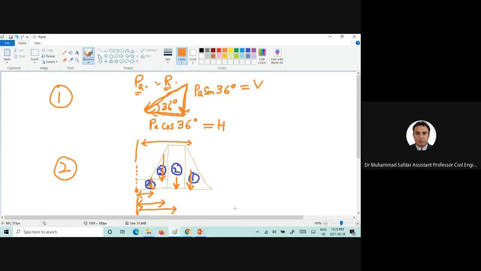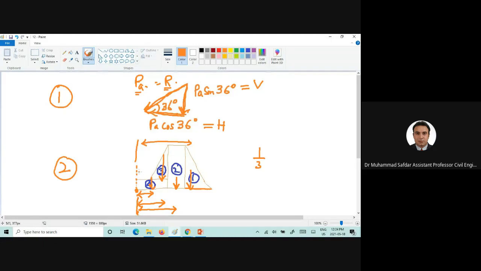You need to do a little bit of calculation to find out the lever arms, and you need to take into account the 1/3 of the width of the retaining wall here, and from here you will add this distance plus the 2/3 of the rectangle.